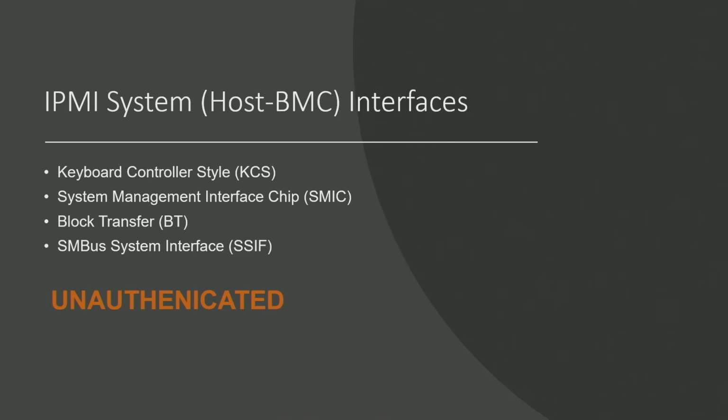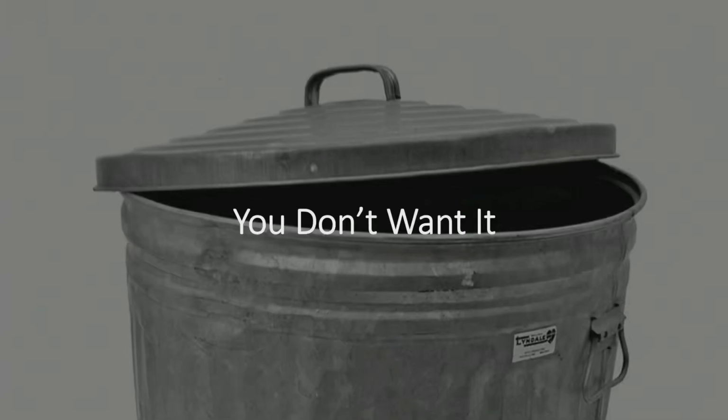This KCS interface is unauthenticated. A thing we haven't talked about is that this interface and these IPMI commands are often going to provide a huge amount of surface, but beyond that, they're also going to provide features that allow you to do things like flash the BMC. So if you don't want to trust the host, and you want to ensure that the host is not allowed to just flash the BMC whenever it wants, what can you do? Well, you don't want it, right? So just get rid of it. We'll just throw it out. We'll defeature it.